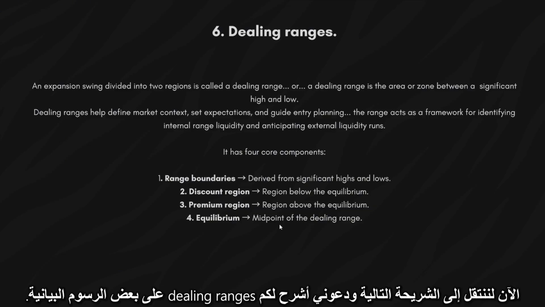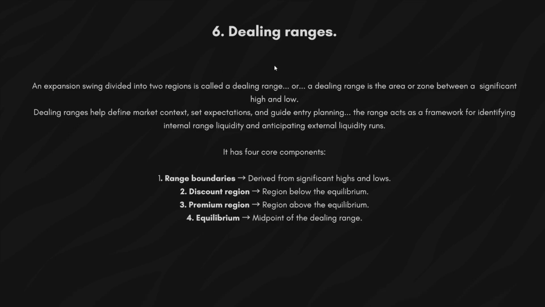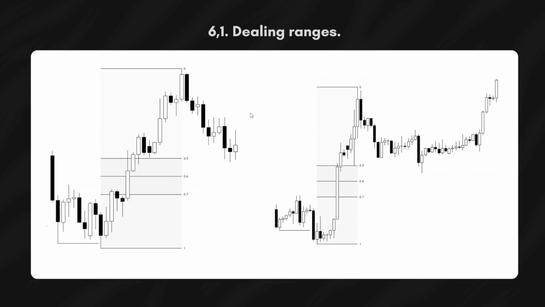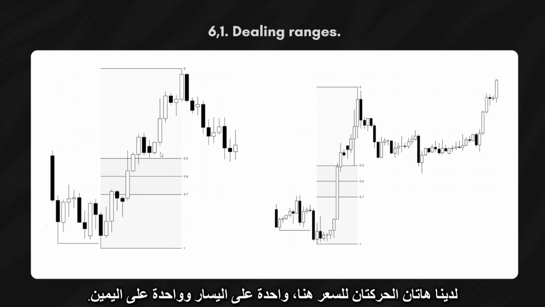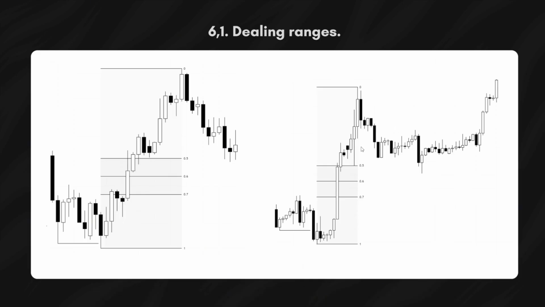Okay, now let's move on to the next slide, and let me explain dealing ranges to you on some graphics. So we've got these 2 price actions here, one on the left and one on the right.